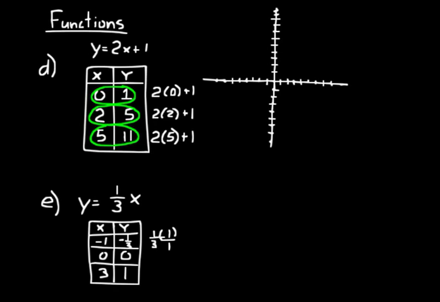So like the x and the y that are 0 and 1, you'd go 0, so that means you don't go to the left or the right any, just up 1, and you put a dot. Then you go to the right 2 and up 1, 2, 3, 4, 5. Put a dot. Then you go to the right 5 and up 11. 1, 2, 3, 4, 5, 6, 7, 8, 9, 10, 11. You put a dot way up there.